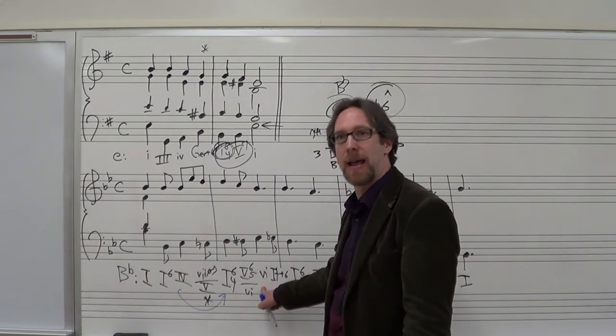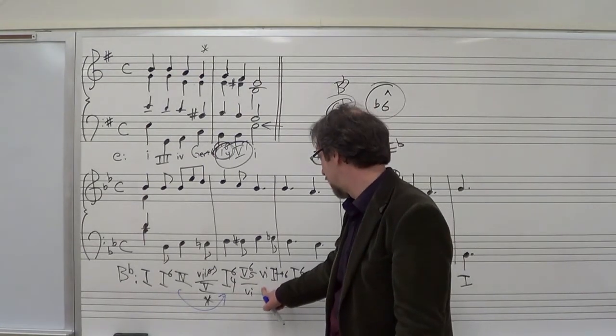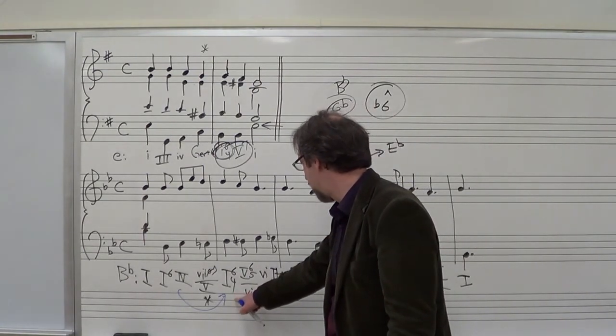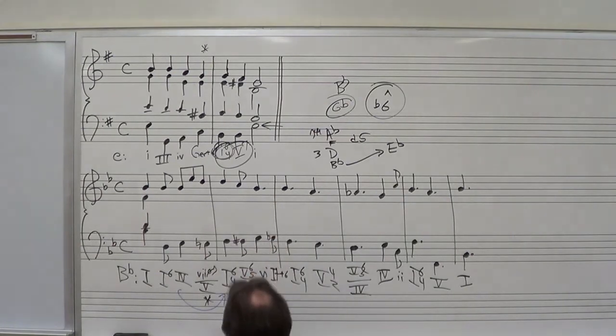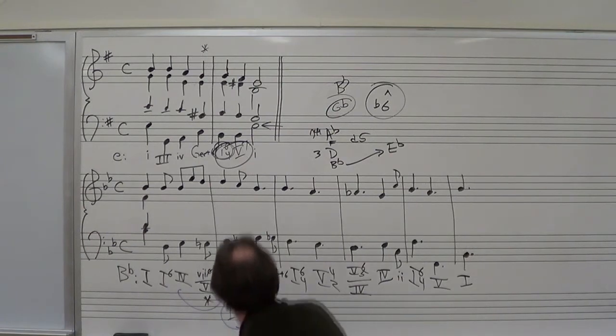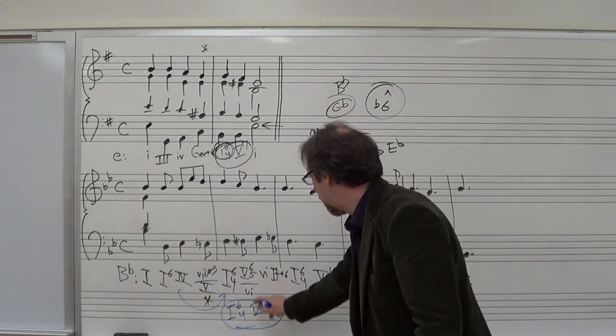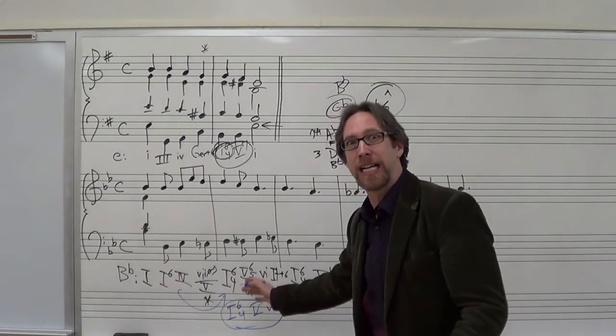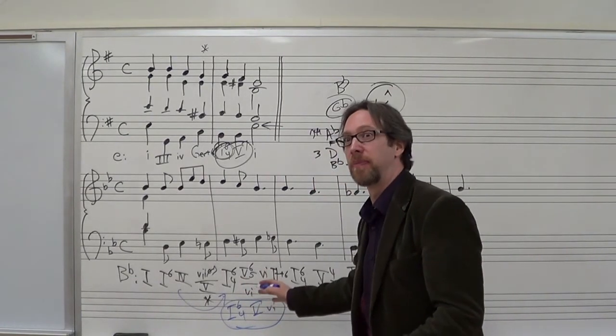It's resolving deceptively. So this is really kind of interesting how we would expect 1, 6, 4, 5, and then maybe that 5 chord would resolve deceptively, right? So we might have that. But instead of going to the 5 chord, it's like we're getting deceptive before we even become deceptive.